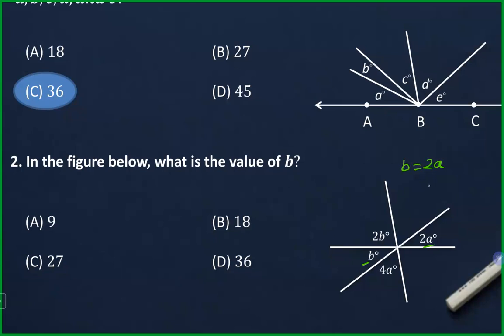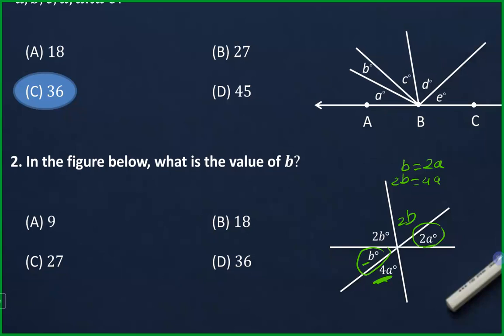What if I say 4A? That equals to how much? 2B. So if B is equal to 2A, because we call this vertical angles, then 2B is equal 4A. Right? So fine. Okay. So in this case, 4A here we can write 2B. Okay, what else?